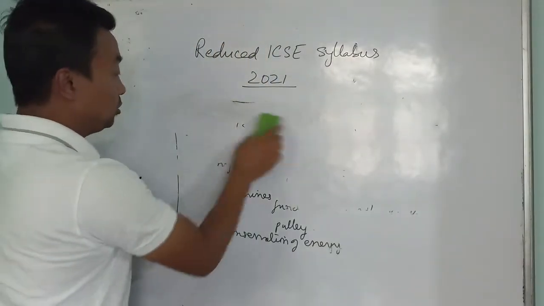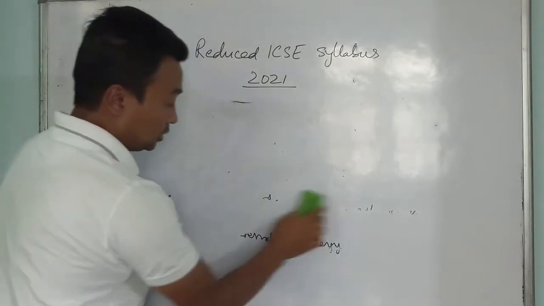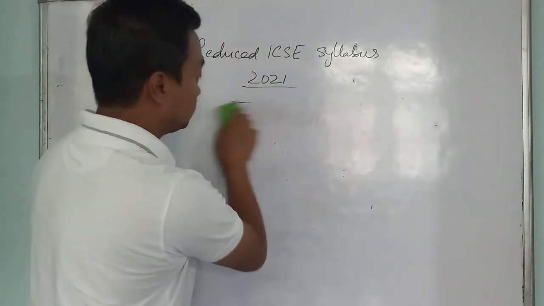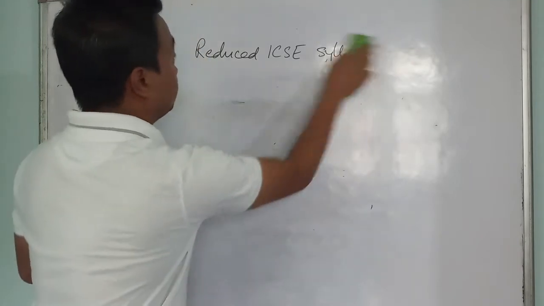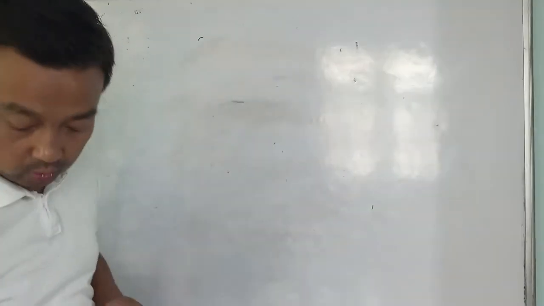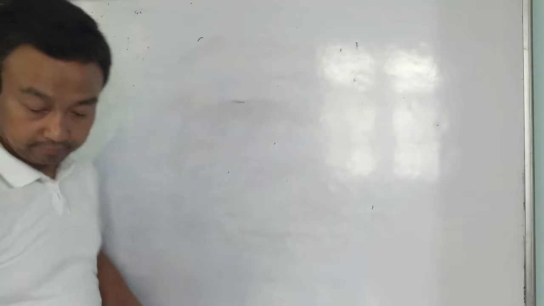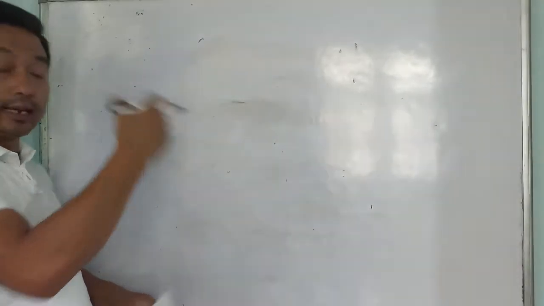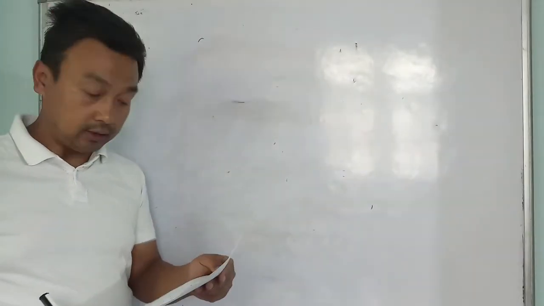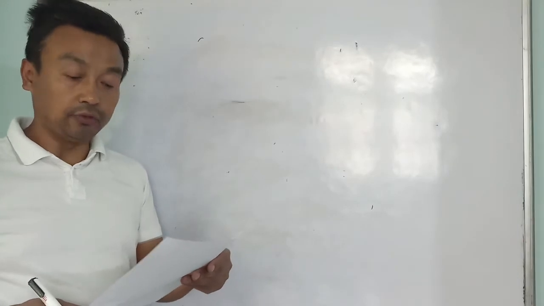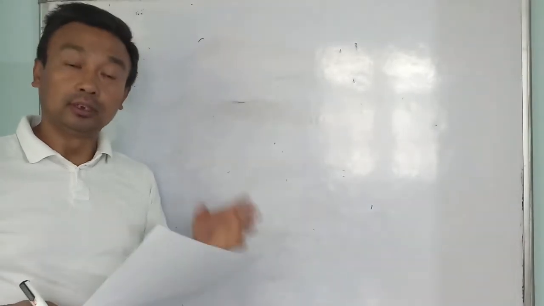In between, whatever chapters are there, they are not going to come in the exam. The second one is light. In light you have to do refraction of light, etc., the lenses.